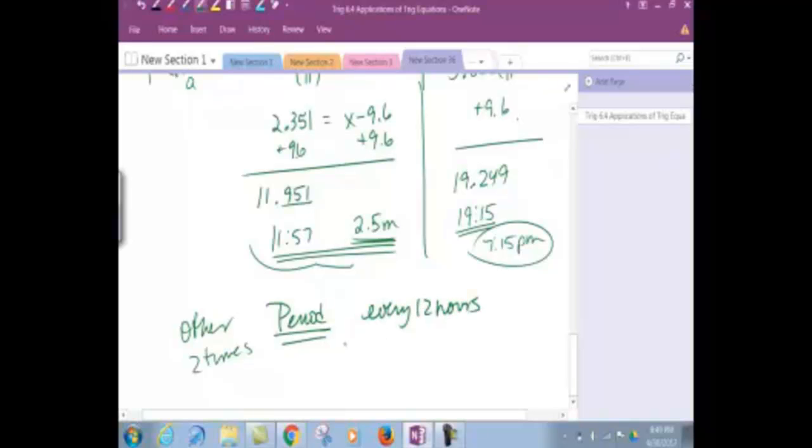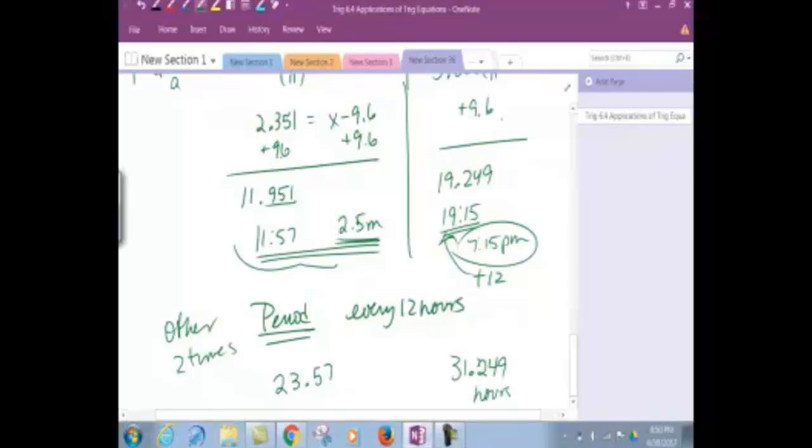So it's as simple as adding 12 hours to the 11:57 and getting 23:57, and then adding 12 hours to this. Let's go back to the 19.249 so it makes more sense, 31.249 hours. Okay, and we could change those to times as well, but we're not going to bother doing that. Okay, so that's how we find the other two. That's when the period comes into play.